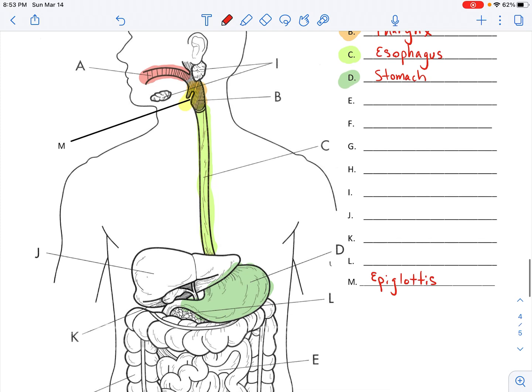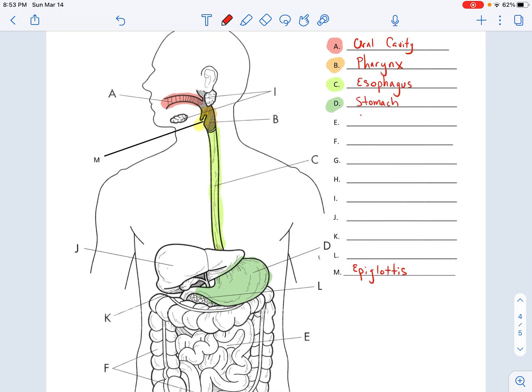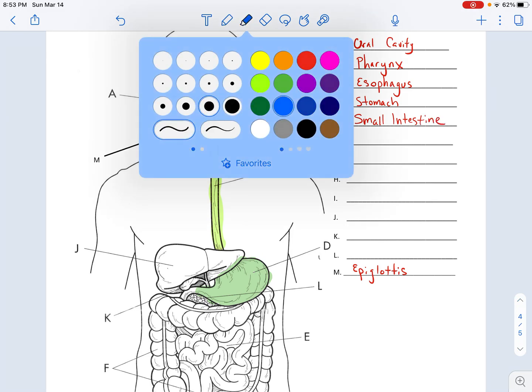E is small intestine. Remember, small is referring to the diameter and not the length. So we'll color that blue.